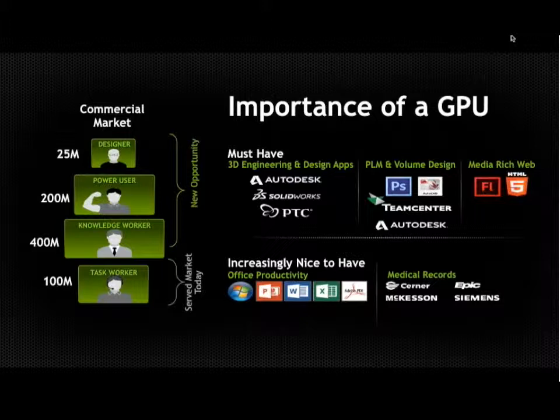Task workers, knowledge workers are people that generally use minimal 3D, but they use graphics. We have Office 2013 on here, for example. It is DirectX, but it is graphics. It's leveraging graphics acceleration. You can actually disable that under options or under tools.